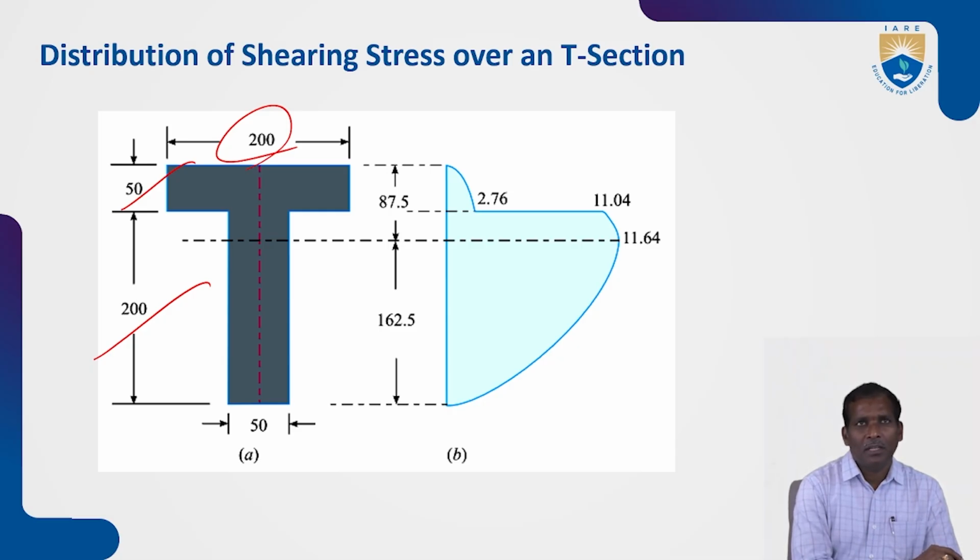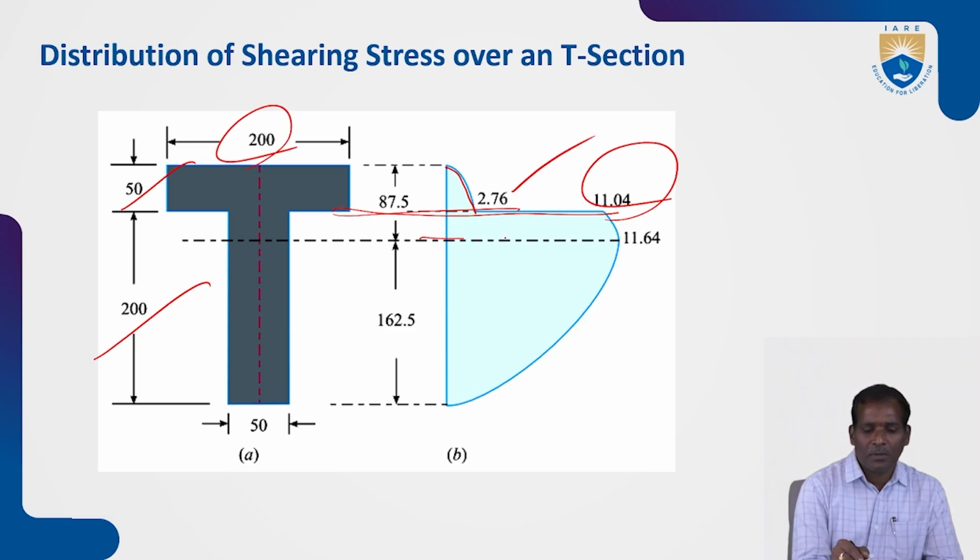So now draw the shear stress over a T section. Already we have calculated here up to the planes is 2.76 and then in the web portion up to here it suddenly increases to 11.04. So this is the maximum shear stress.